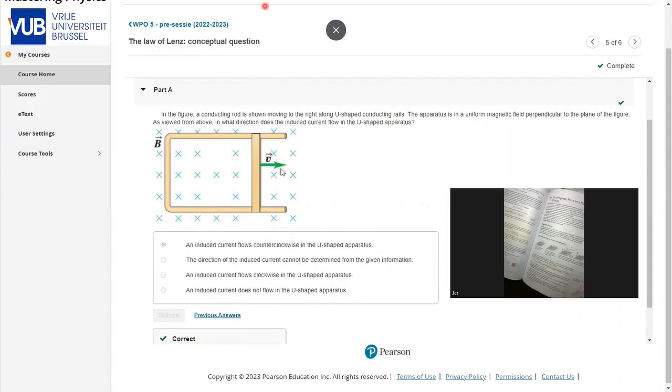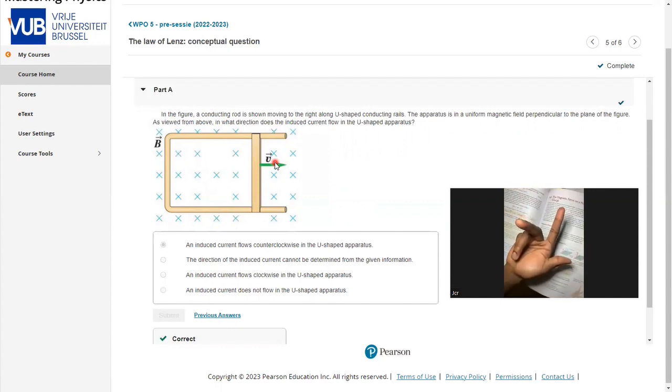Here my V is in this direction. Then my B is in this direction, and my force is off to the side. B is into the page, and V is to the right side. And that's my force.